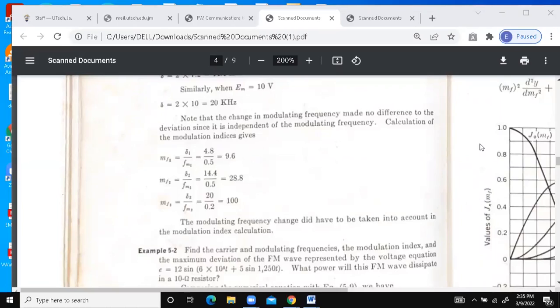Sir, look at the equation for frequency modulation, sir.